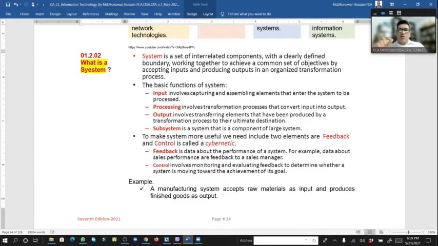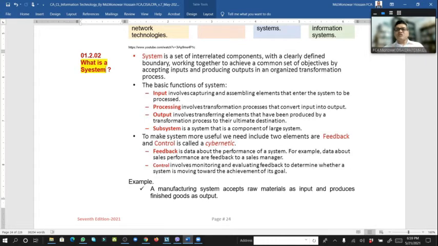If any question asks you to describe the system, or what you mean by system: a system is a set of interrelated components with a clearly defined boundary working together to achieve a common set of objectives, for achieving the goal, mission, vision of the organization, by accepting inputs and producing outputs in an organized transformation process. So it's called a system.